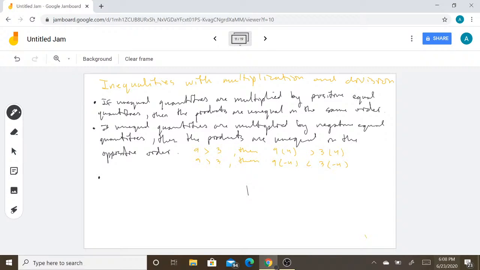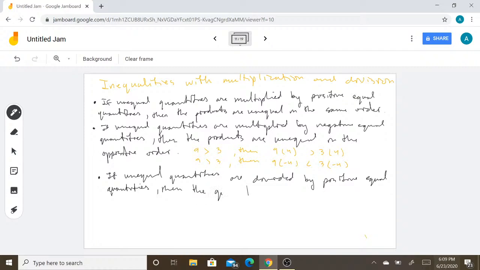For division, if unequal quantities are divided by positive equal quantities, then the quotients are unequal in the same order.